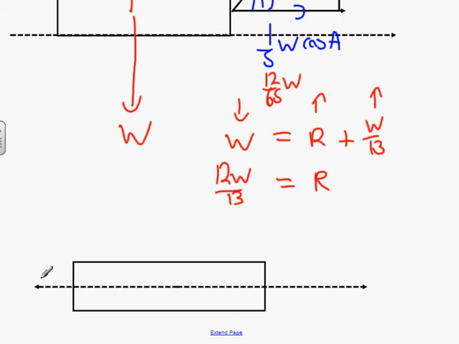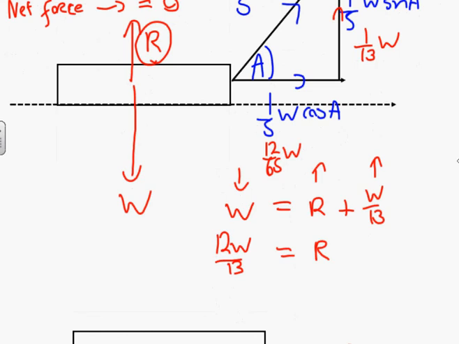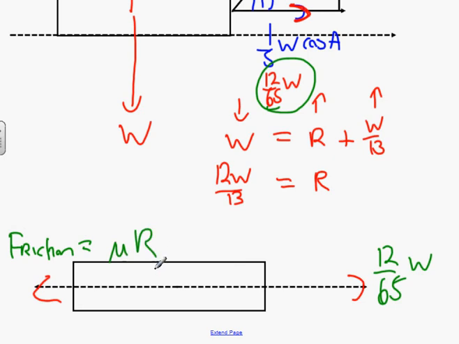Now, we know that the pulling force, this one here, equals what? 12 over 65 W. Our 12 over 65 W is pulling it to the right. What's pulling it to the left is friction, and friction equals mu R.